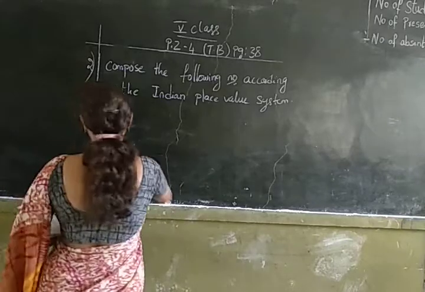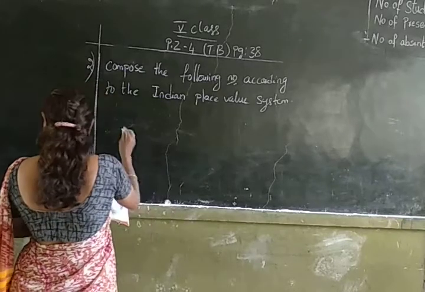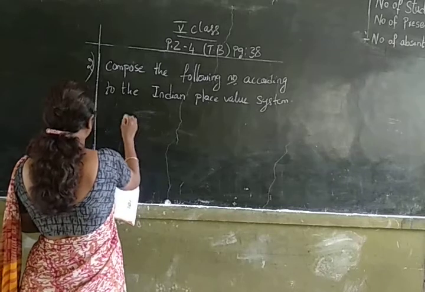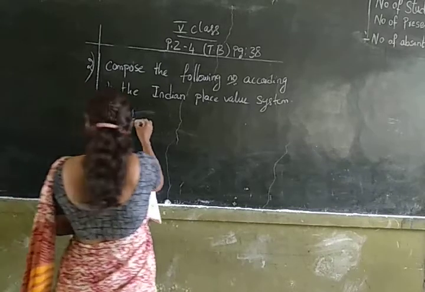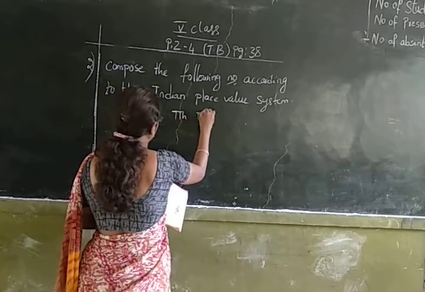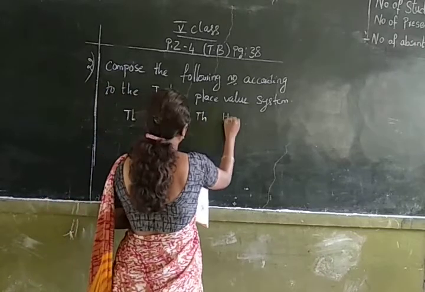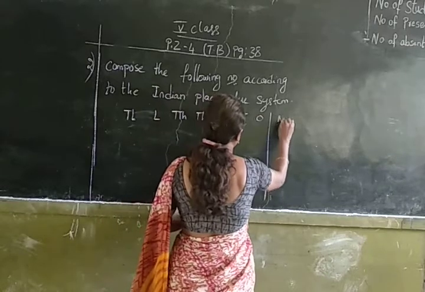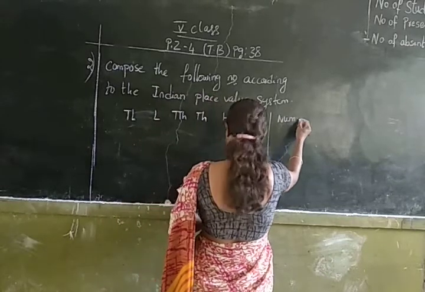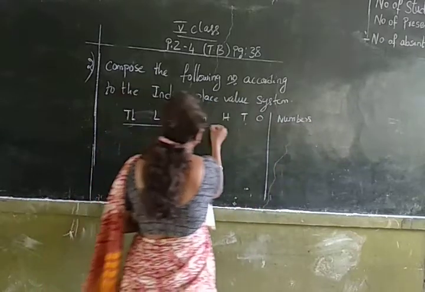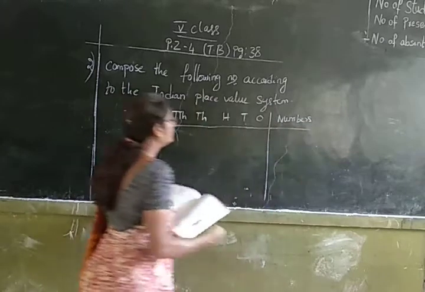Okay, now let us try to compose the given numbers. Further, let us write down the places. 10 lakhs, lakhs, 10,000s, thousands, hundreds, tens, ones. Here we have to compose the numbers according to the Indian system.